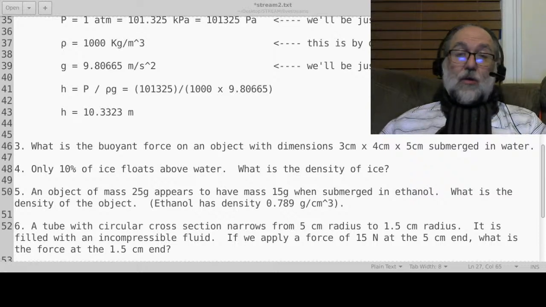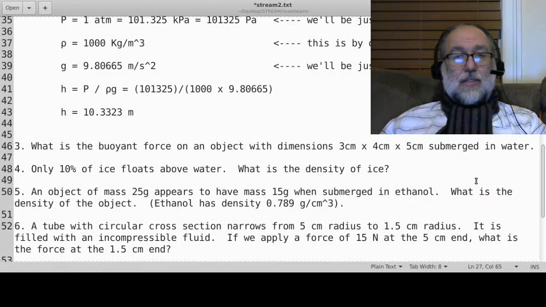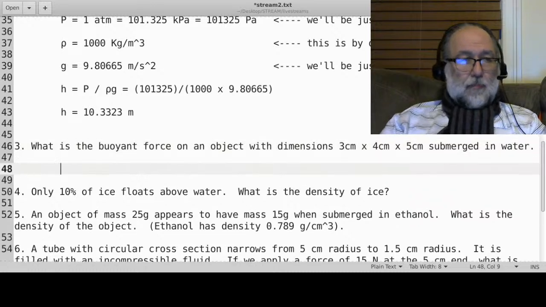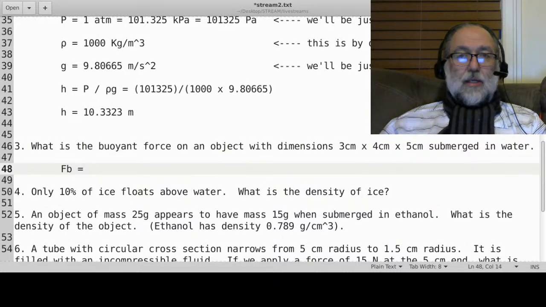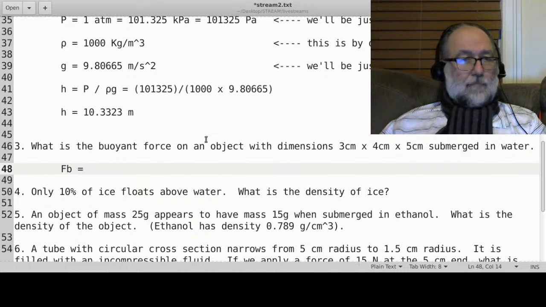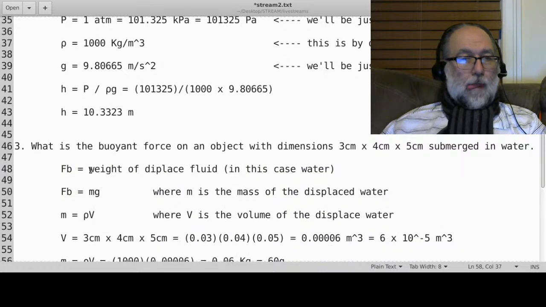It turns out that Archimedes discovered that the buoyant force FB is just the weight. Actually, I've got it written here. Let me just cut and paste my solution over here.